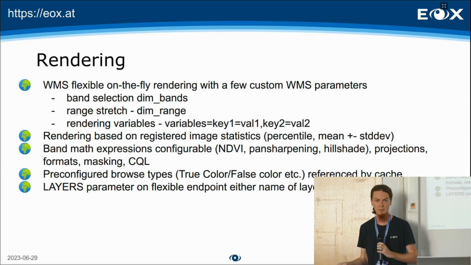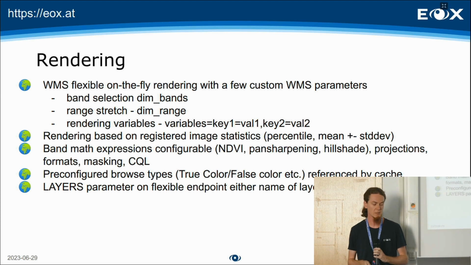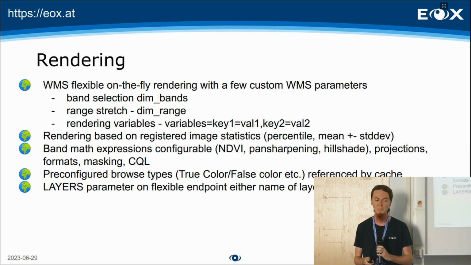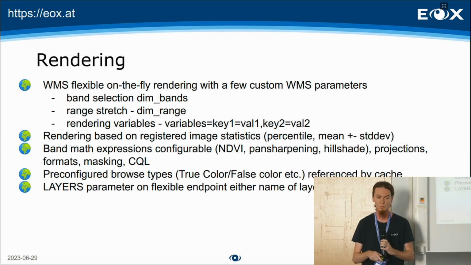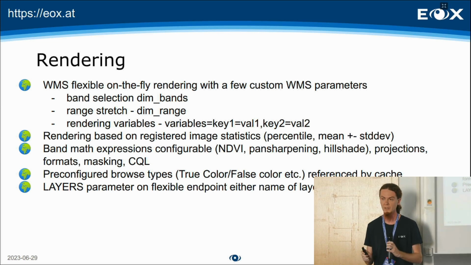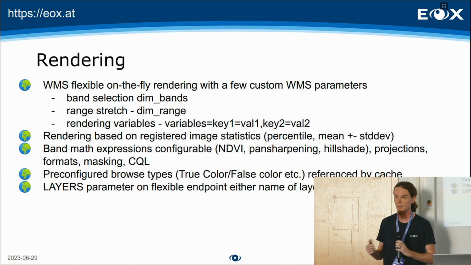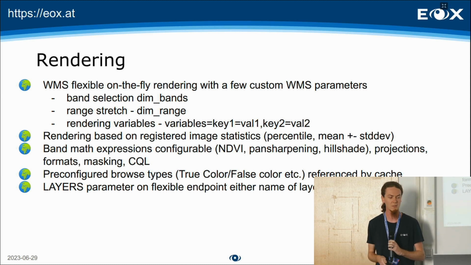There are other types of rendering, for example, which you can find in QGIS, which is the percentile-based rendering, which means you have already pre-computed statistics in advance before you register the data, and then you use these to apply the stretch on a per product level. So each product can have a really different color scale. It can be brighter or darker. Well, this is where the cloud, this type of rendering is really helpful.